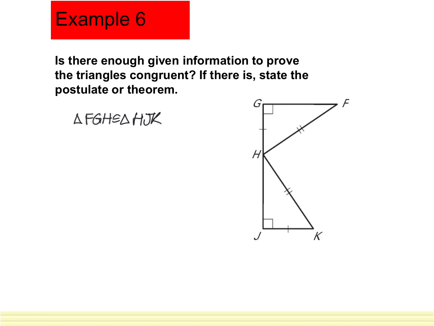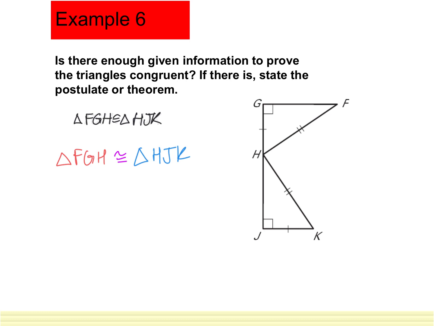So looking at this one, looking at the congruency marks and using what they're giving me, I'm going to rewrite it just so it looks better to me. I have triangle FGH is congruent to triangle HJK.